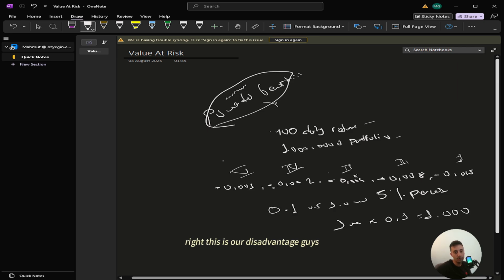This is our disadvantage, guys. It assumes past performance is representative of what can occur in the future, depending only on the past. But in real life, sometimes the past is not representative of the future. We must always know this, guys.